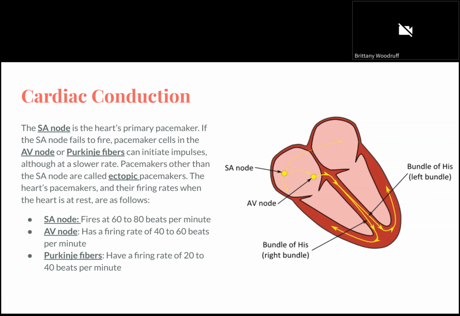If that also fails, you have a plan C, Purkinje fibers. So, primary pacemaker, SA node. Secondary pacemaker, AV node. Tertiary, meaning third line of defense, is going to be Purkinje cells.